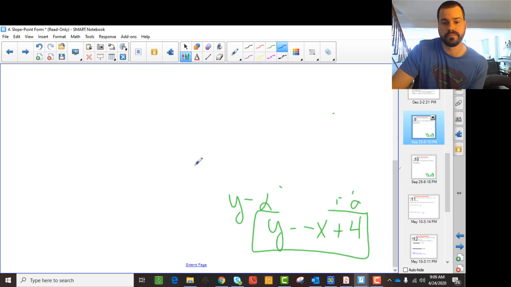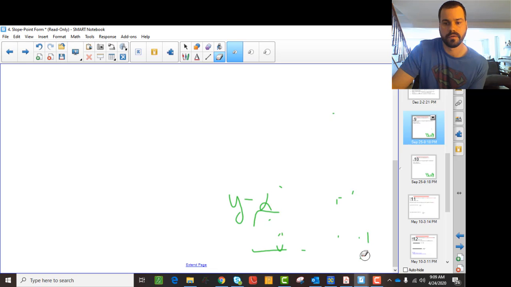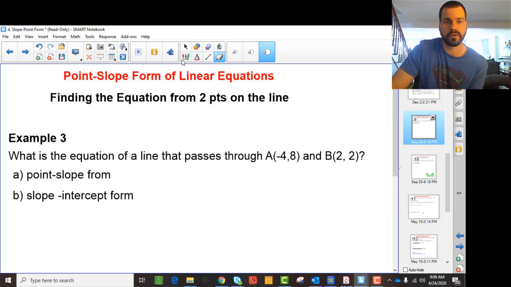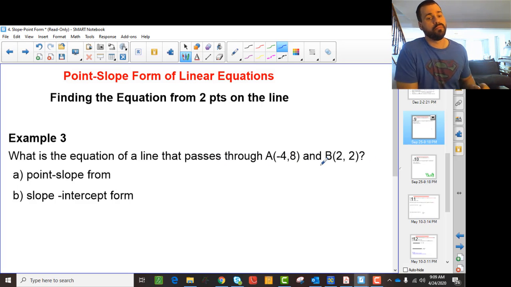Once you have the steps, we're just going to follow those steps. So here's the question. It says, what's the equation of the line that passes through these 2 points, in point slope form, and then in slope intercept form?